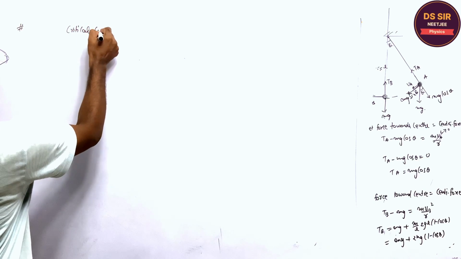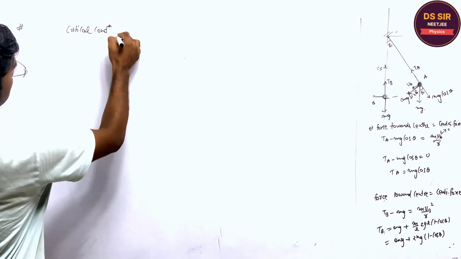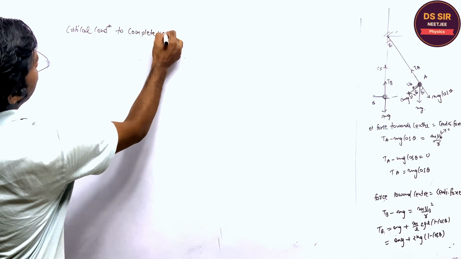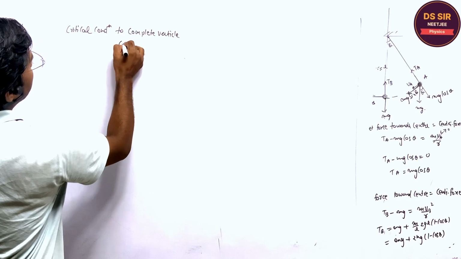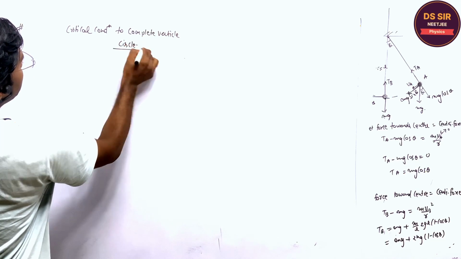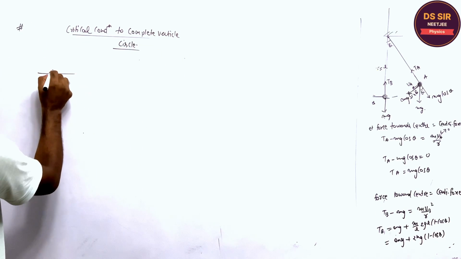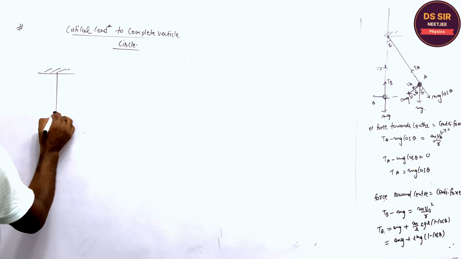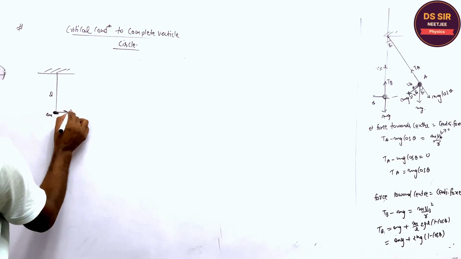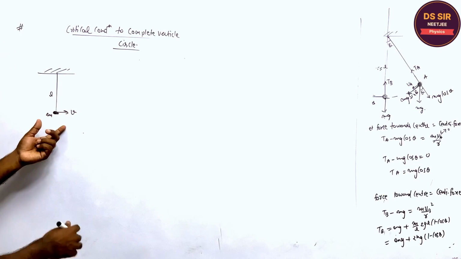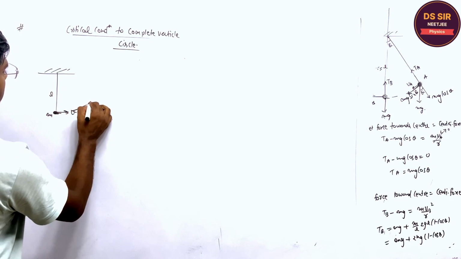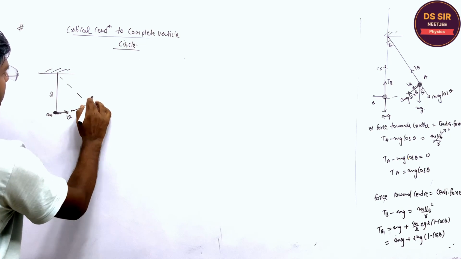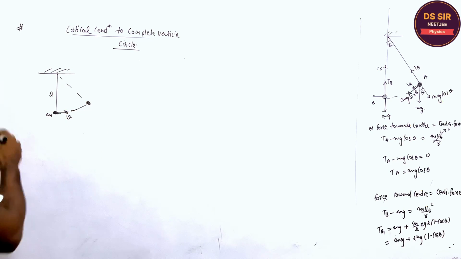Critical condition to complete a vertical circle. For example, listen one thing. If this is the pendulum of mass m, length L, if you give the speed v, so what will happen? It will move to some height, right? And it will rest, it will stop, and it will come down.